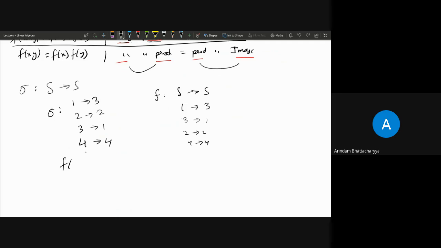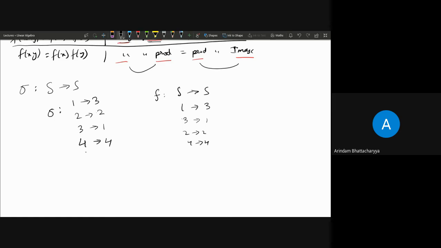Then f of sigma is the same as sigma of f, right? I mean, aren't f and sigma just the same function? Yeah, they are. So I have to actually get a better example.